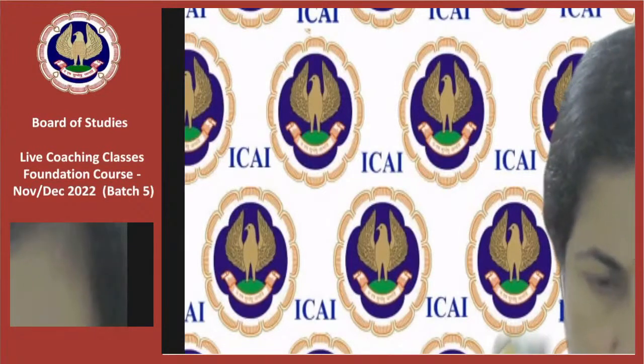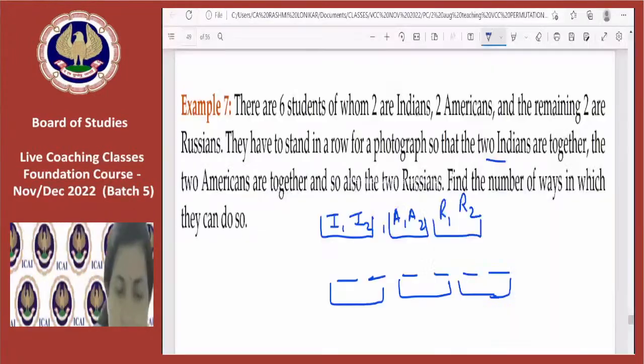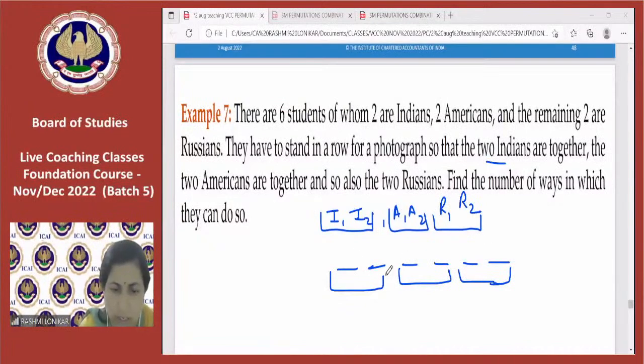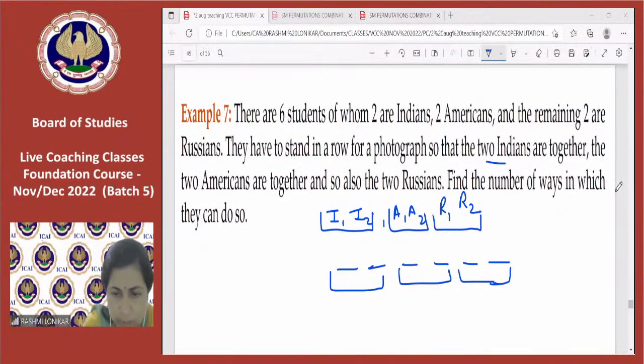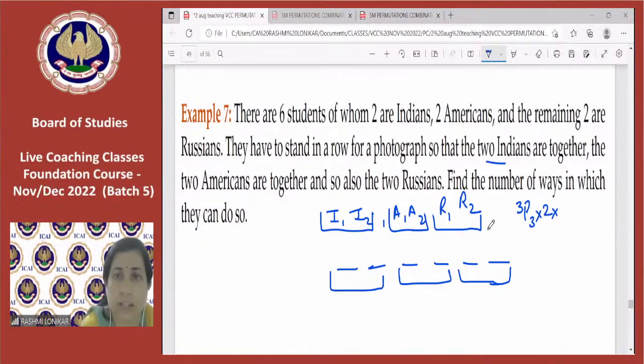Yes. Okay, so I have these three sets of places and 3 sets of students. So how much will this be? 3p3. Okay, and 2 Indians can be arranged in 2 ways, 2 Americans can be arranged in 2 ways, and 2 Russians can be arranged in 2 ways.